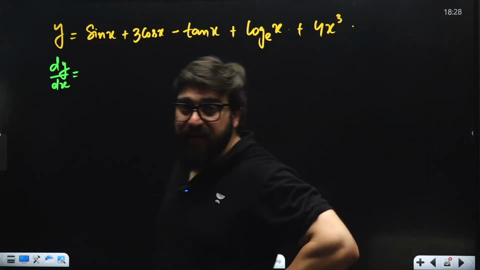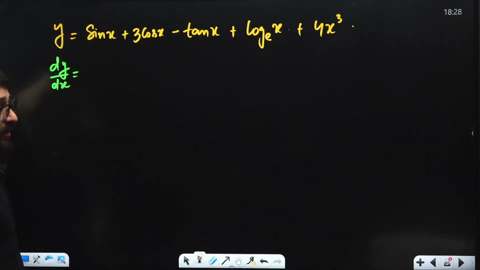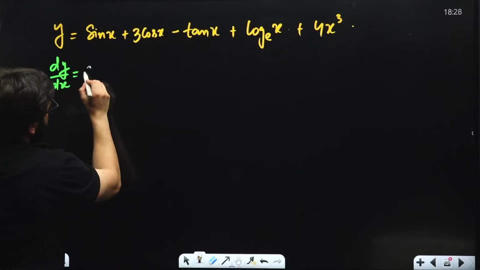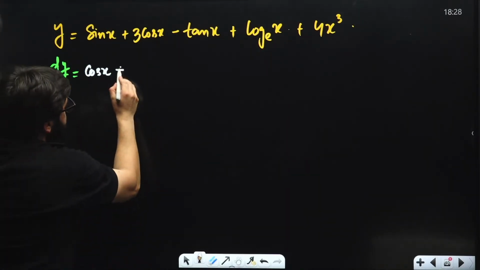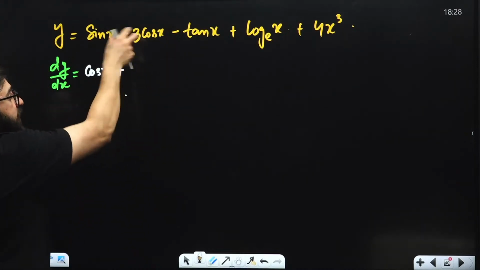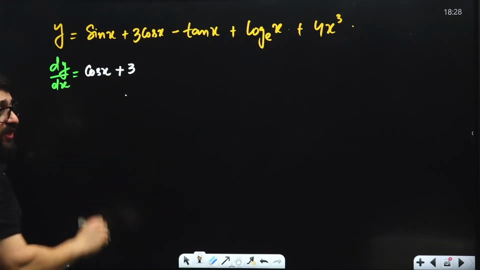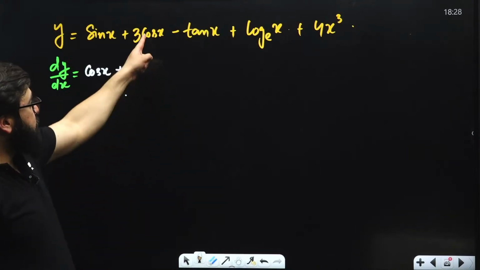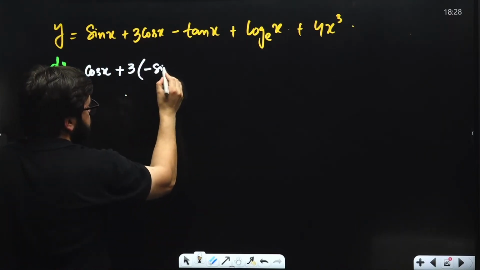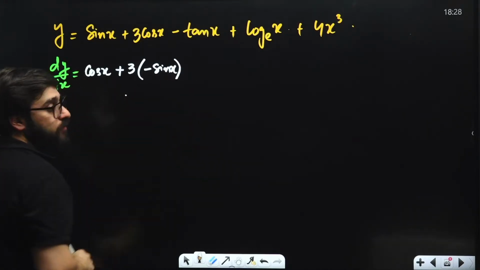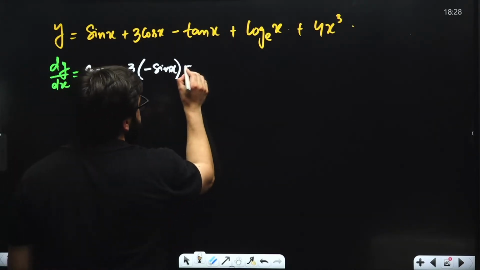See, first we are supposed to find the differentiation of sin x. What is the differentiation of sin x? That is cos of x. Then plus. In this case, we take 3 common because the constant is multiplied. Then the differentiation of cos of x is minus sin of x. Then minus.